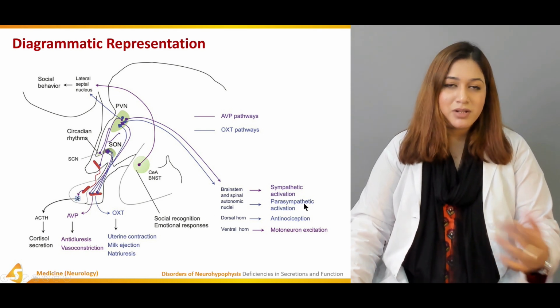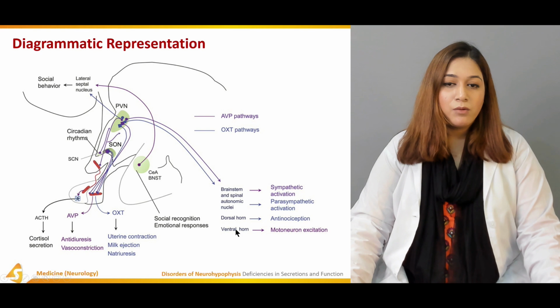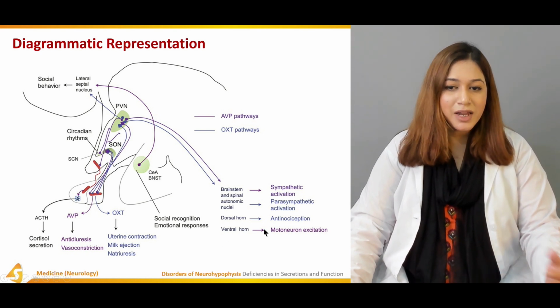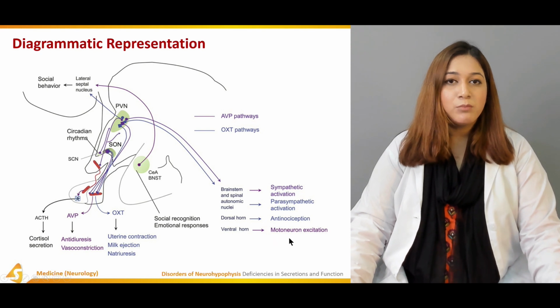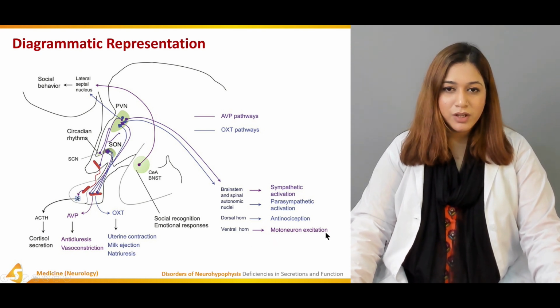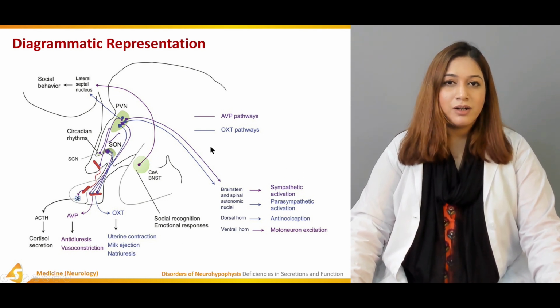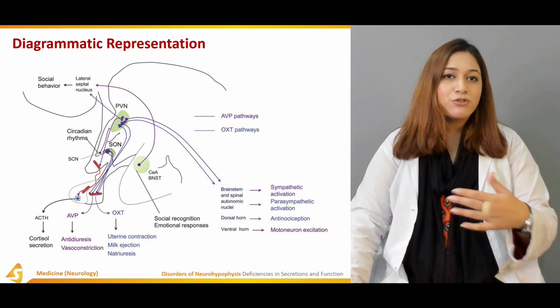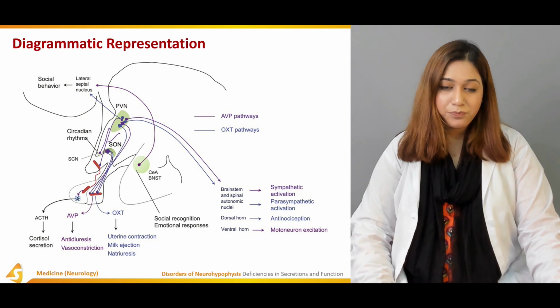They are controlling the parasympathetic activation. By acting on the dorsal horns and the ventral horns, they are controlling antinociception and the motor neuron excitability. So these are the other pathways through which AVP and oxytocin are causing symptoms in the body or controlling certain actions of the body.